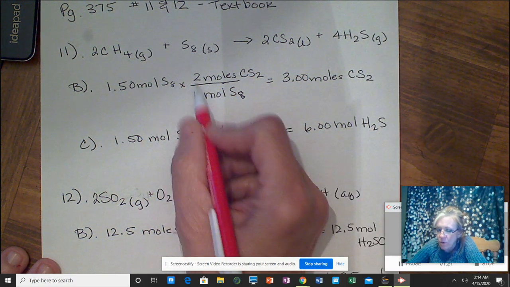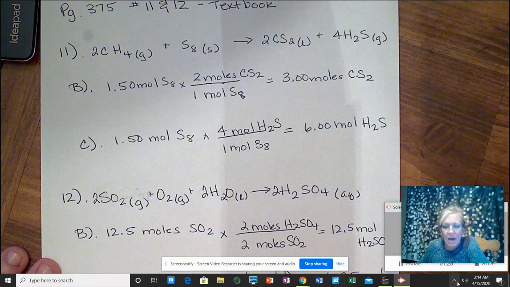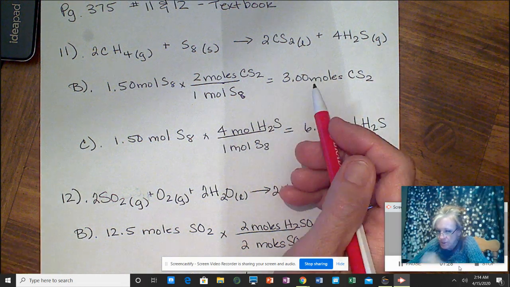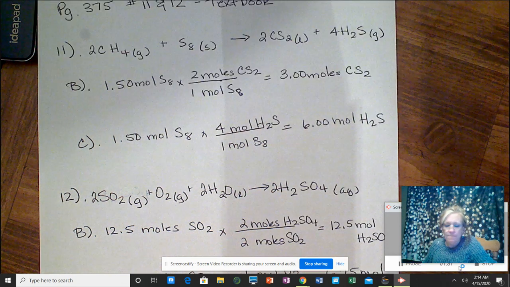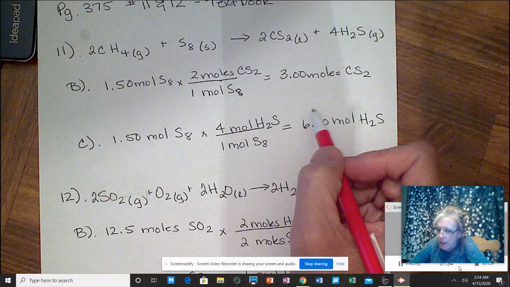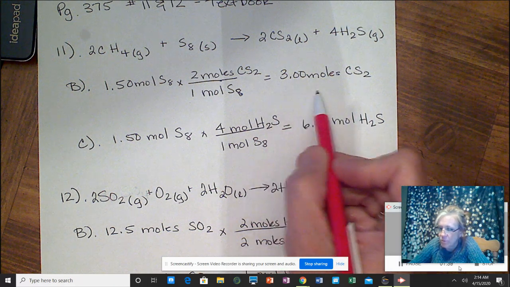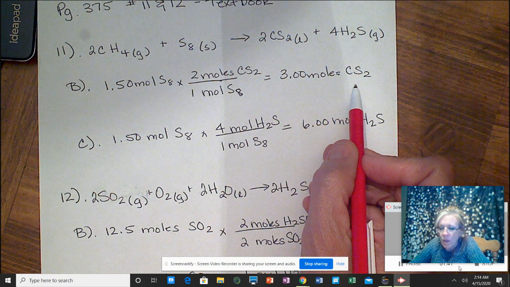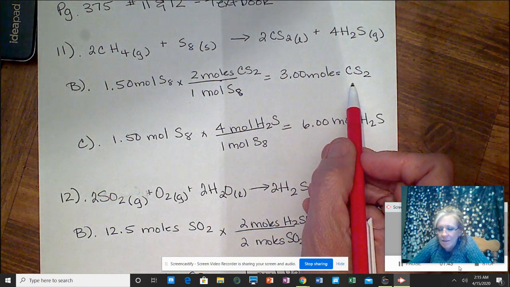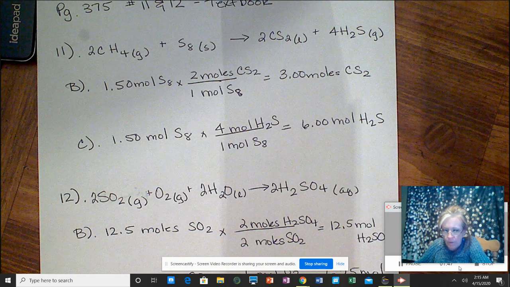Don't forget, these numbers come from the coefficients in our balanced equation, okay? And so we write our mole to mole ratio, do the math, and we end up with 3.00 moles of CS2. The reason we're done after that is because they were asking us how many moles of CS2. So we're done there. All right.